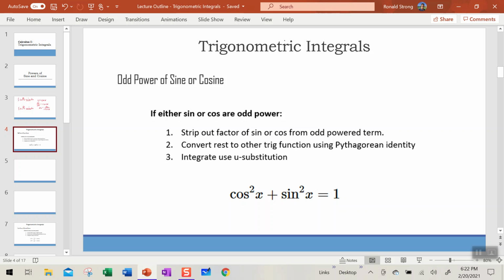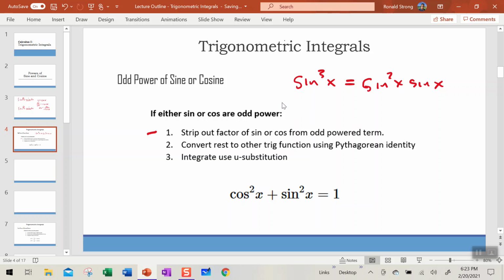So if we have an odd power of sine, what we want to do is strip out a factor of sine, or if we have an odd power of cosine, strip out a factor of cosine from the odd powered term. So as an example, if we had a sine cubed x, we are going to factor that into sine squared x times the sine of x.